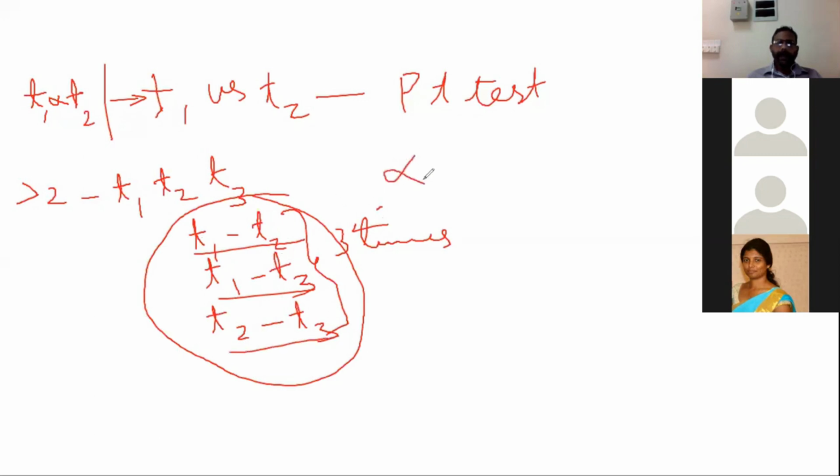Can you remember the error? In your first course we talked about it. How do you call this alpha error? Is there another name for the alpha error? Anyone?